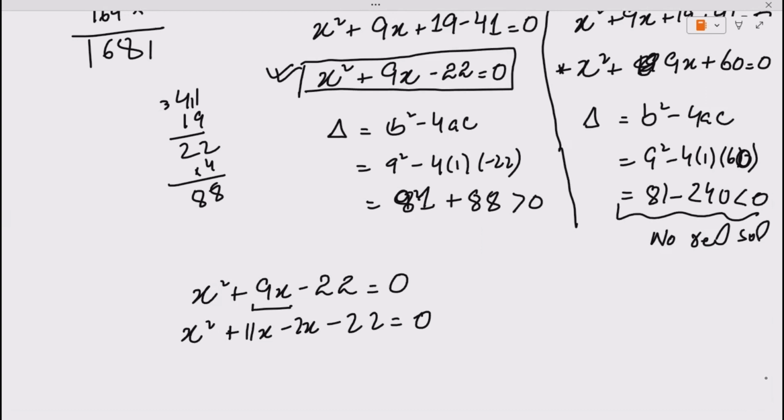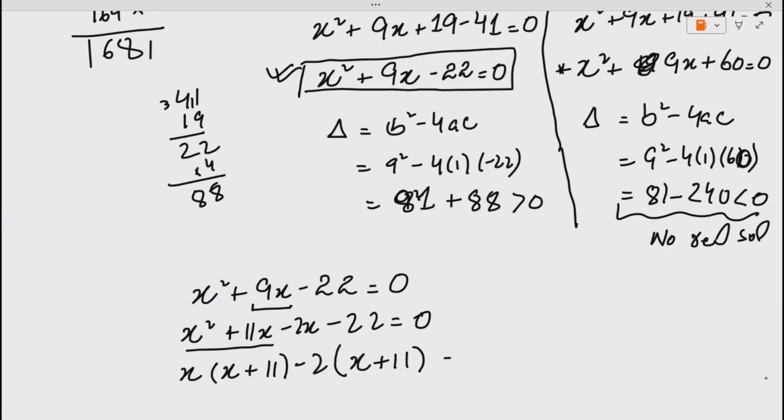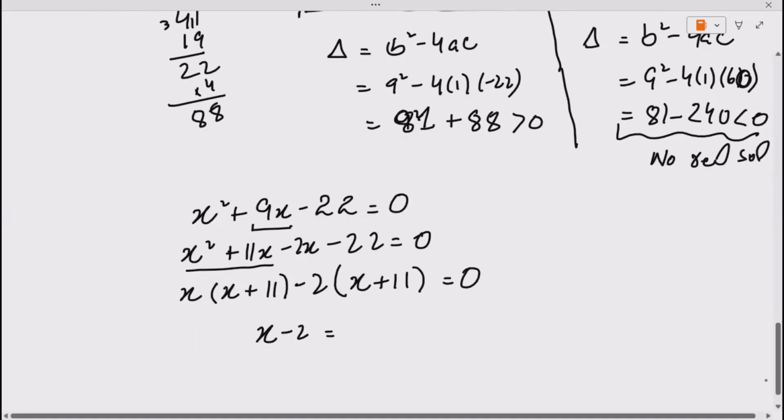You can see that 11 minus 2 gives us 9x, and 11 multiplied by minus 2 gives us minus 22. So when we take x common from these two, we get x plus 11. Likewise, minus 2 taken out, we get x plus 11. So x minus 2 equals 0, or x plus 11 equals 0. It means x is 2 or x is minus 11.